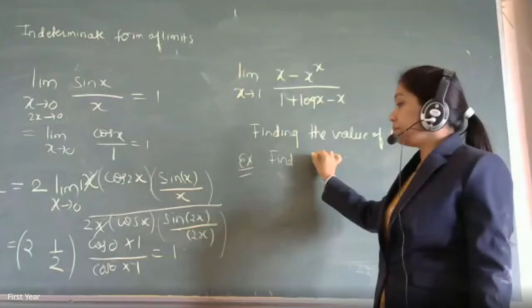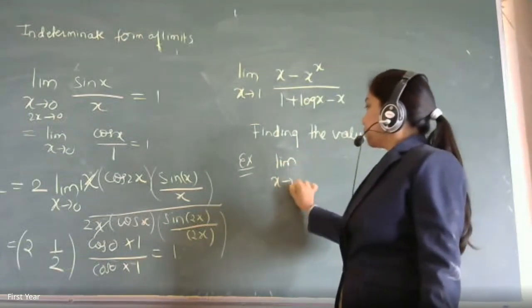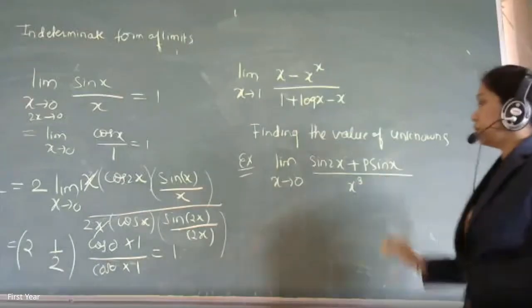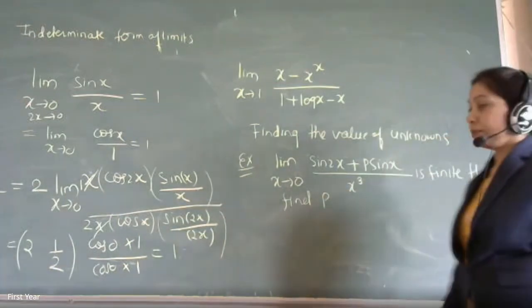Limit x tends to 0 of sin 2x plus p sin x upon x cube is finite. Then find the value of p and hence find the limit. And minus five.